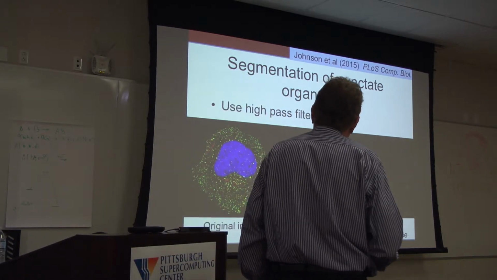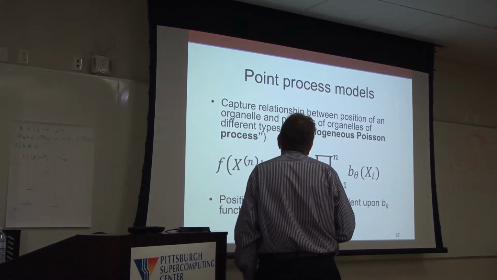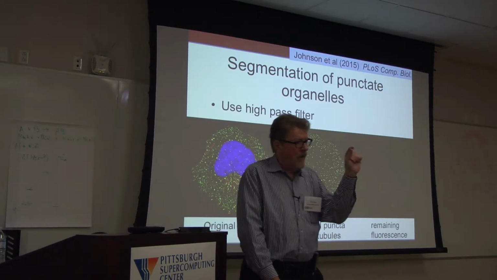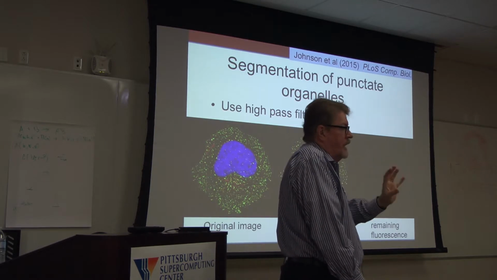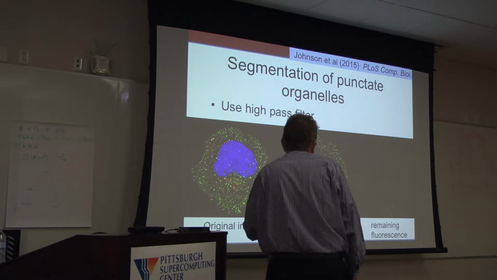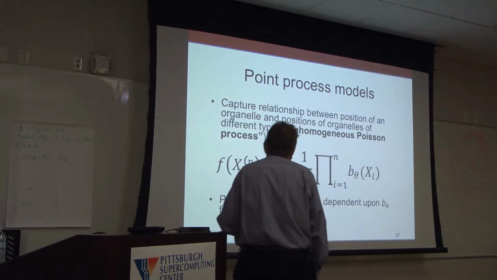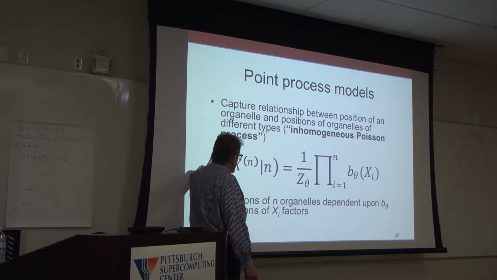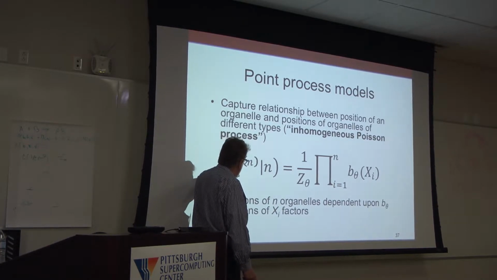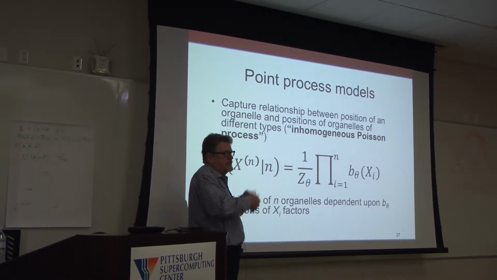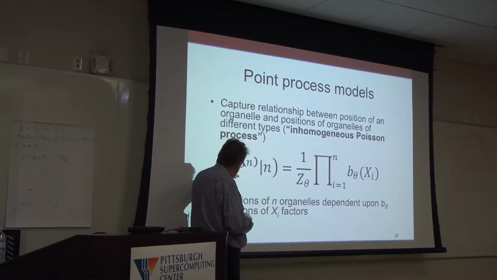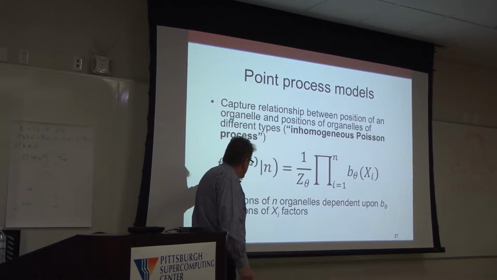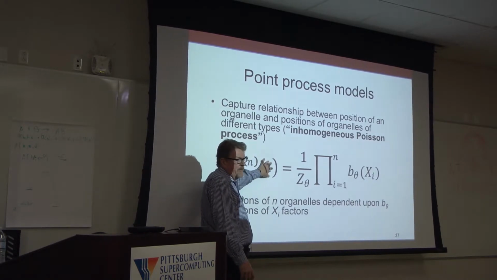Okay, so we segment out each individual one, and then what we're going to learn is for each puncta, we're going to measure its position with some coordinates, relative to some factors. And what we're going to do is say the frequency with which I observe n of those objects at positions in the image given by x, assuming I know how many I'm supposed to generate.